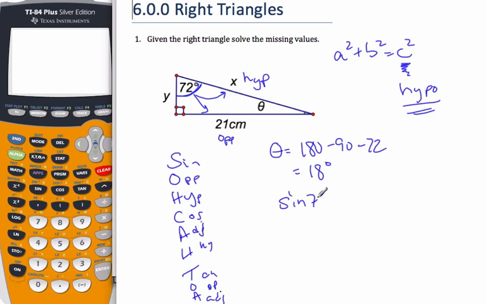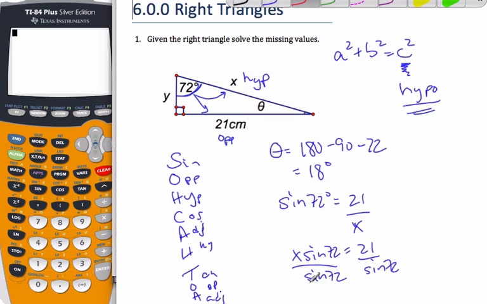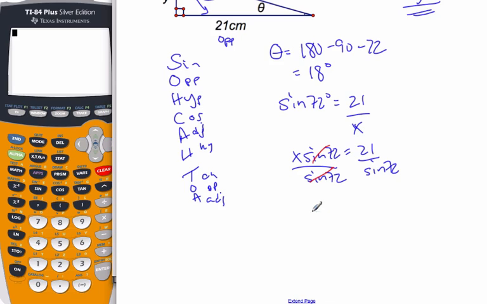Right, so the sine of 72 degrees is equal to the opposite over the hypotenuse. And so to solve this, I'm going to cross multiply. So I get x sine of 72 is equal to 21. I'm going to divide by the sine of 72 because that is just some ratio. And when I do that, those cancel, and x will be 21 over the sine of 72.